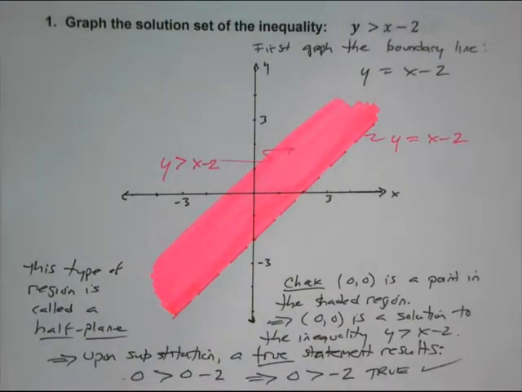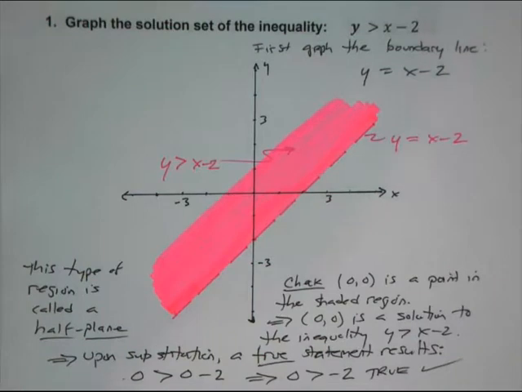Now we see that is the graph for this particular inequality, but it's more than this. It turns out that any linear inequality has a half plane graph. Basically, any linear inequality could be rewritten with y isolated on one side, and so then they always can be thought of as y greater than or less than some linear expression in x.